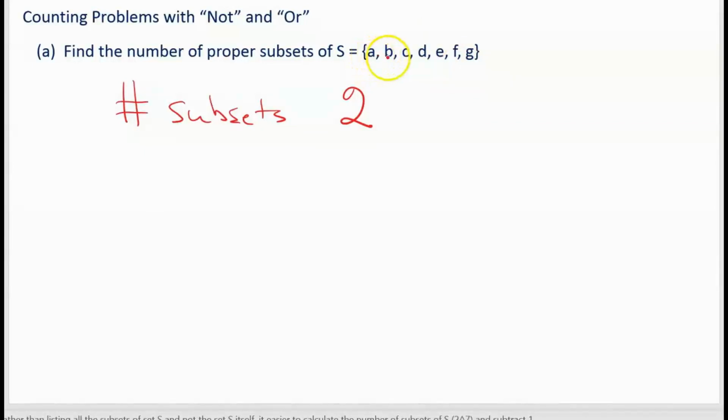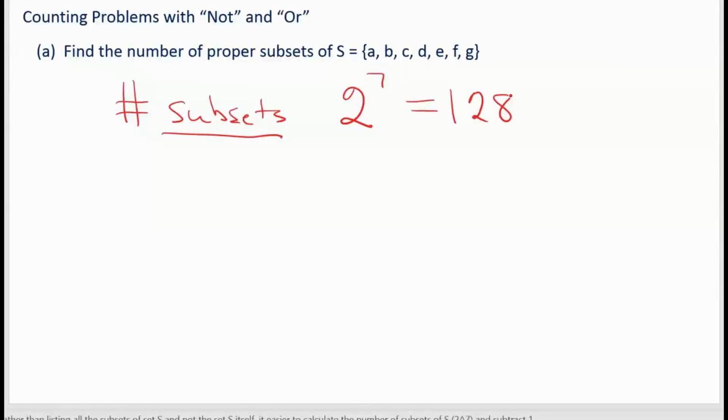Notice we have 1, 2, 3, 4, 5, 6, 7 elements. So the number of subsets is 2 to the 7th power, and we know 2 to the 7th power is 128. So there are 128 subsets of the set S.